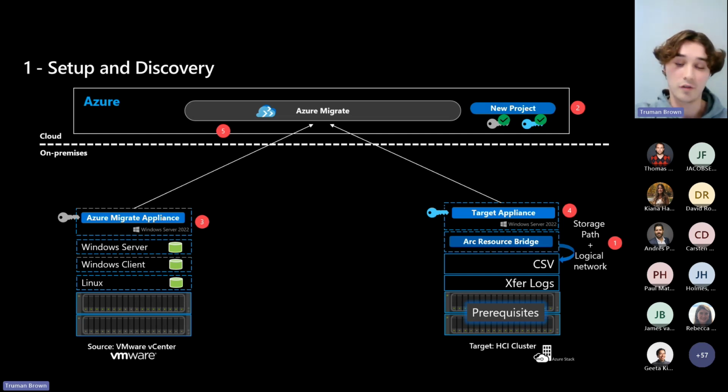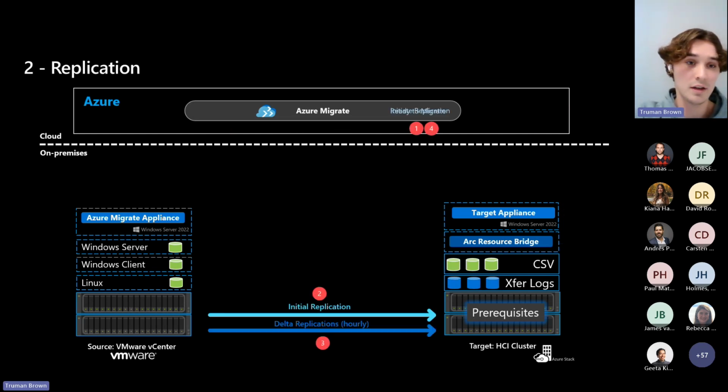So you'd create the Windows Server 2022 VM, install the target appliance bits, link it with your target key. And at this point, you have full visibility into your source and target environment. And you can start discovery on the source, where the Azure Migrate appliance actually talks to vCenter. It gets inventory of all the VMs that are running on your source environment. And from here, you can go on to the next step, which is replication.